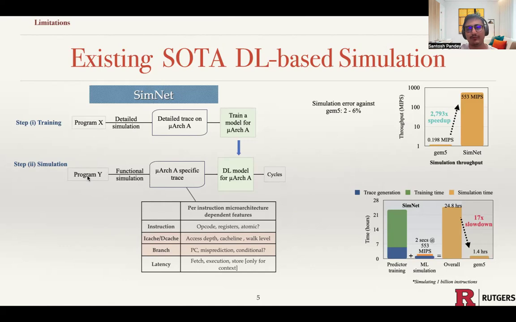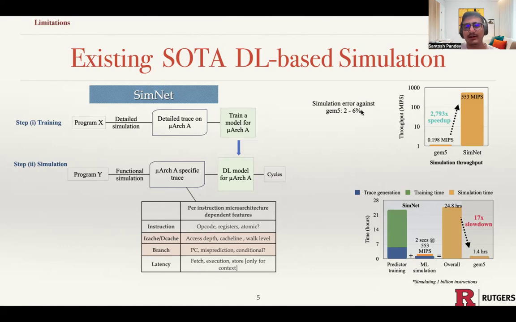For simulating program Y, we need to first do functional simulation to generate microarchitecture-specific traces. The traces include instruction information and other hardware-dependent information like cache behavior and branch behavior. Using that as input, the model predicts the cycles for those instructions.